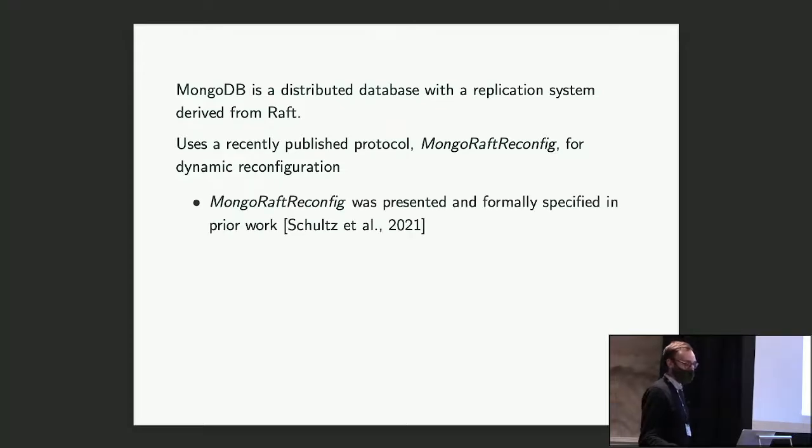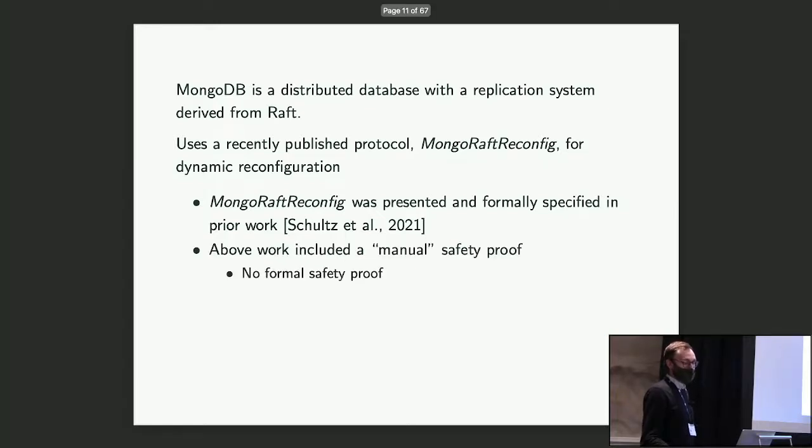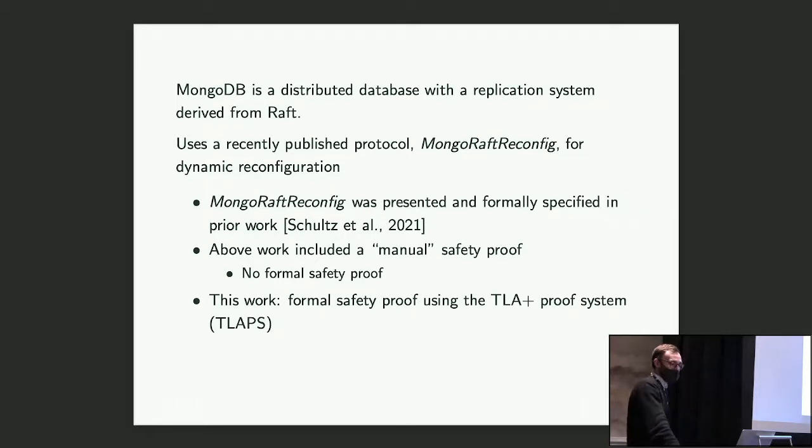This protocol was presented and formally specified in prior work. That work also included a so-called manual safety proof, like a pen and paper proof, but not a formalized safety proof. So the goal of this work was to develop a formal safety proof using the TLA+ proof system to establish the safety properties of this reconfiguration protocol.